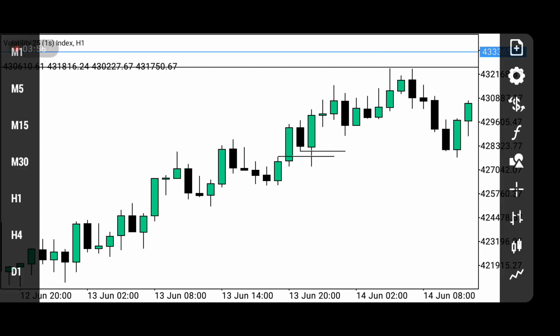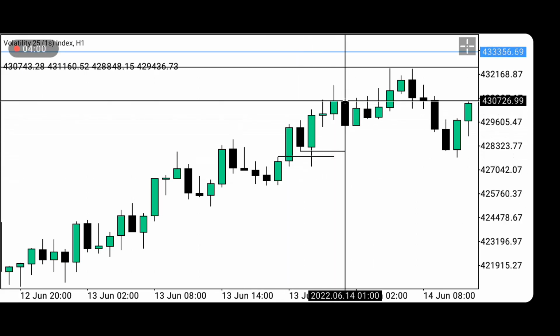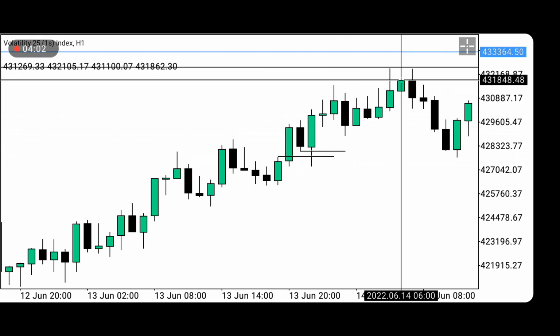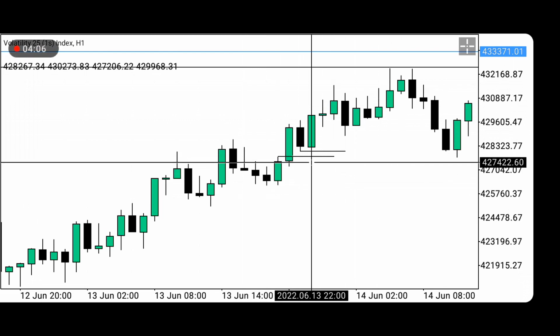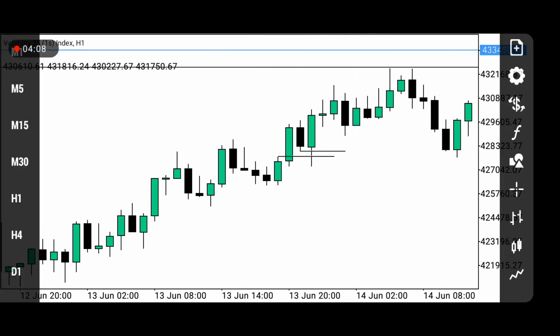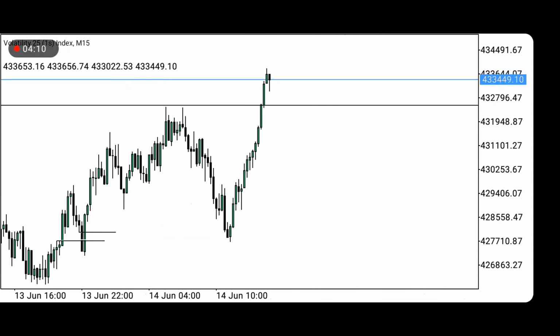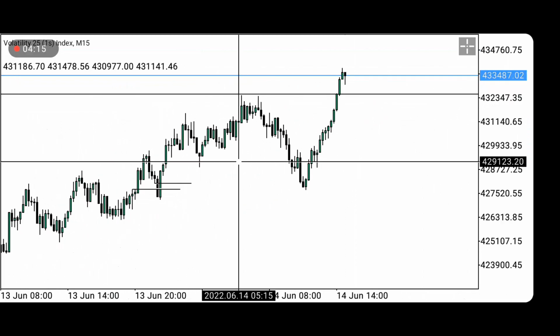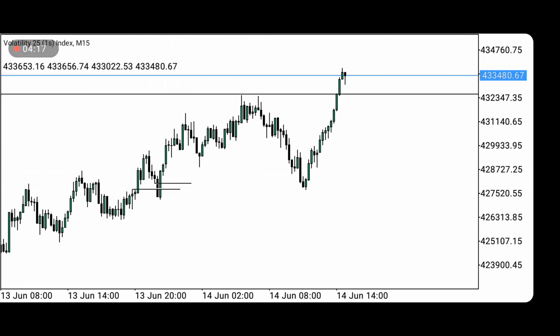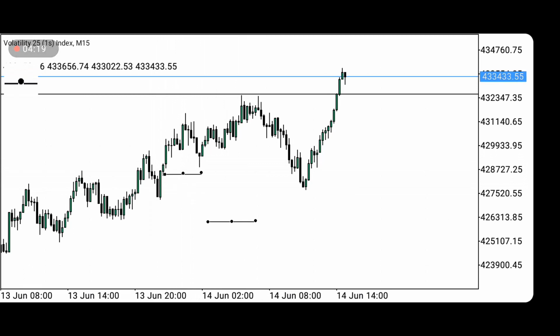we know that area could be a suspect area of future reaction, so I scaled down to a much lower time frame to see what price has actually done, and I identified an order block which I saw price dropping into.